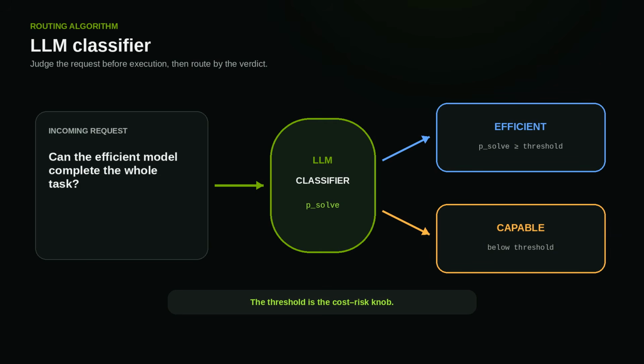First of all, we have the LLM classifier. The LLM classifier is going to put a tiny classifier in front of the pool of models. It's going to read incoming requests and issue a verdict. Does this need to go to the strong tier? Does this need to go to a specialized model? Those kinds of decisions.